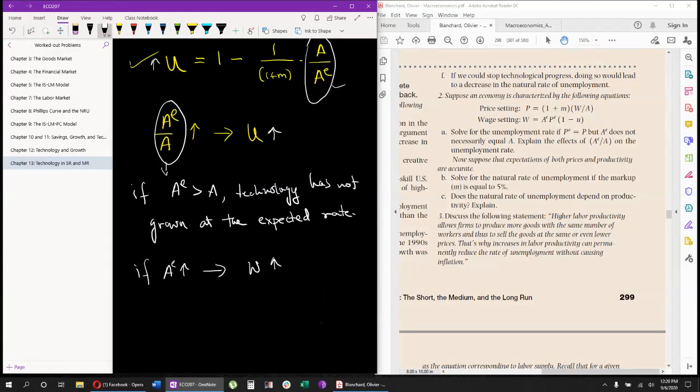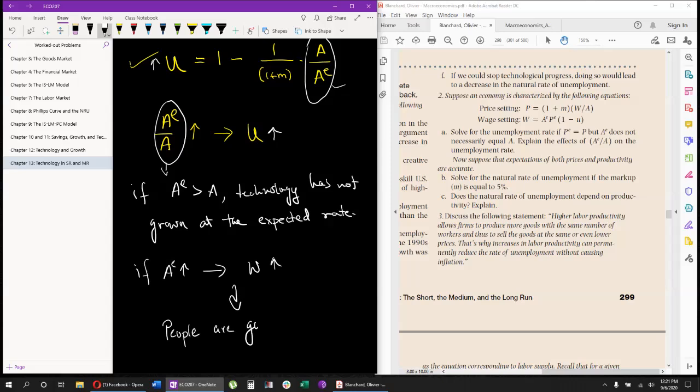However, if that level of technological progress does not take place with the high wage, what will happen? Employers are not getting the level of production that they were expecting, but they have to keep paying you a higher wage.